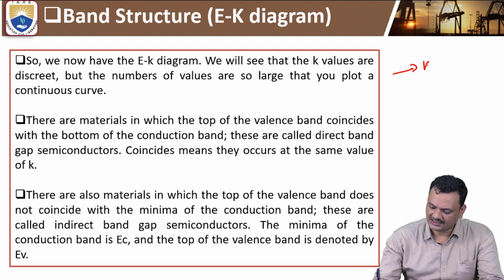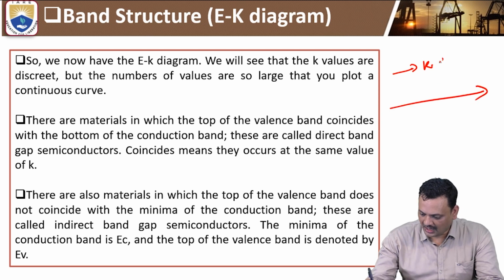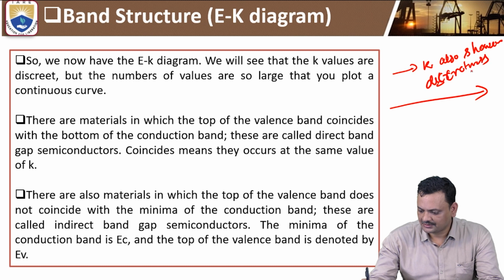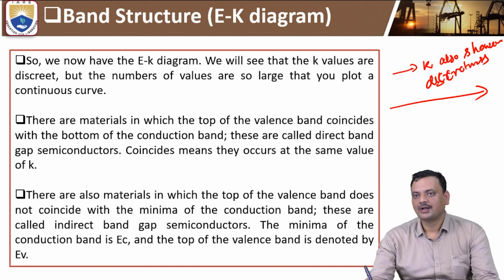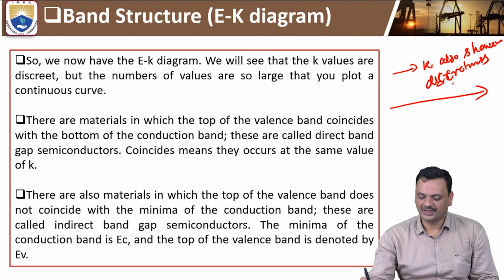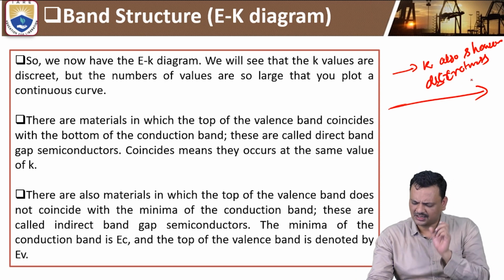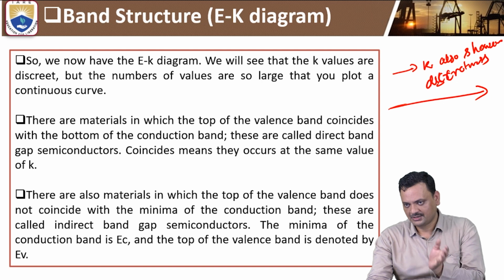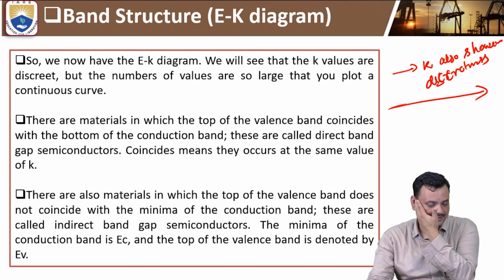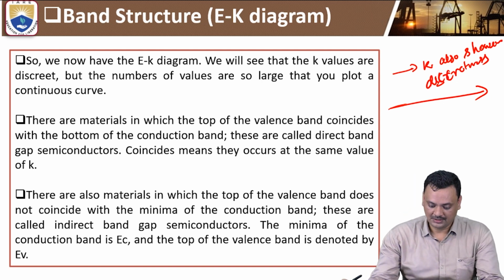Actually, we will see that this K vector also shows discreteness. It means it is not continuous, but they are so closely spaced that you are getting continuous numbers, then you are able to plot a continuous curve.